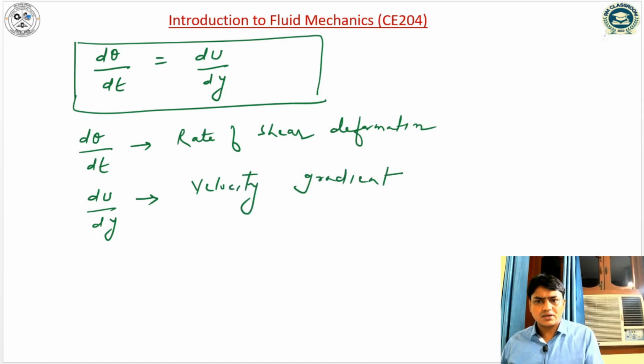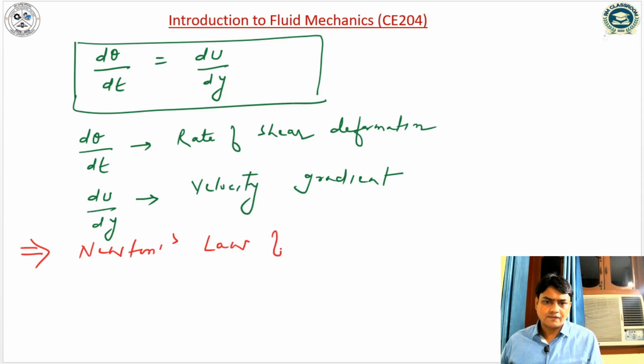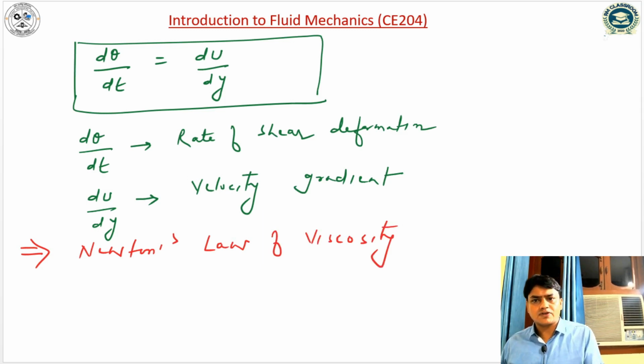So here there is one theory that is called Newton's law of viscosity. According to Newton's law of viscosity, shear stress is directly proportional to the rate of shear deformation.